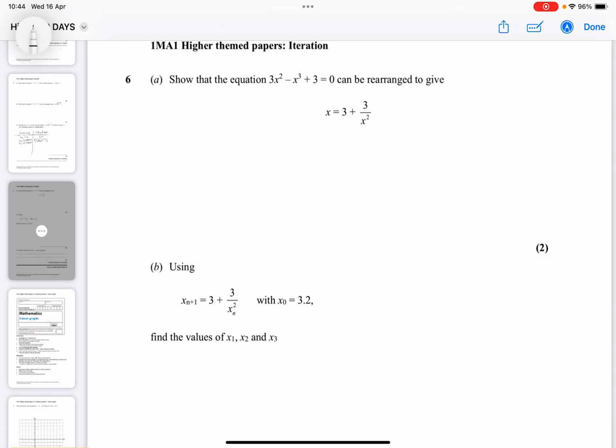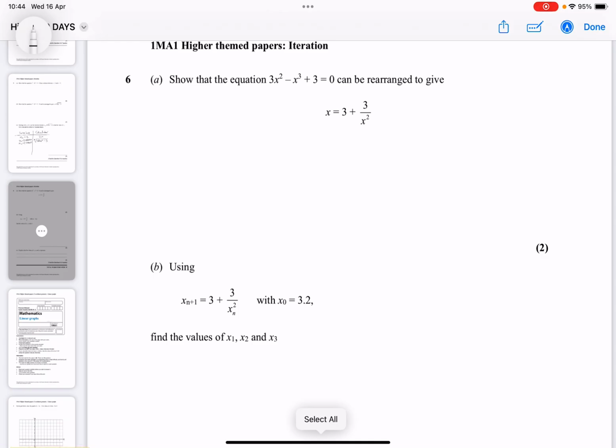First of all, what have I got here? Yeah, this is another one of these rearranging ones. So I've got to get that x on its own. I've got to get that x squared down there. I'm guessing there could be some negatives involved.